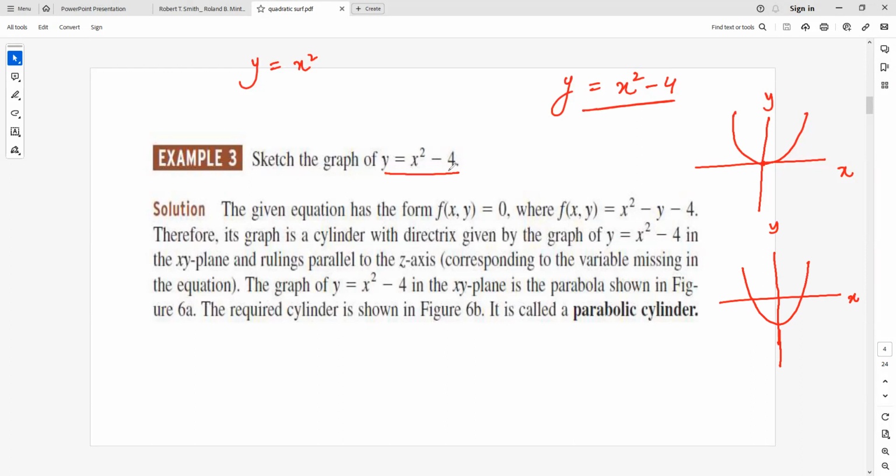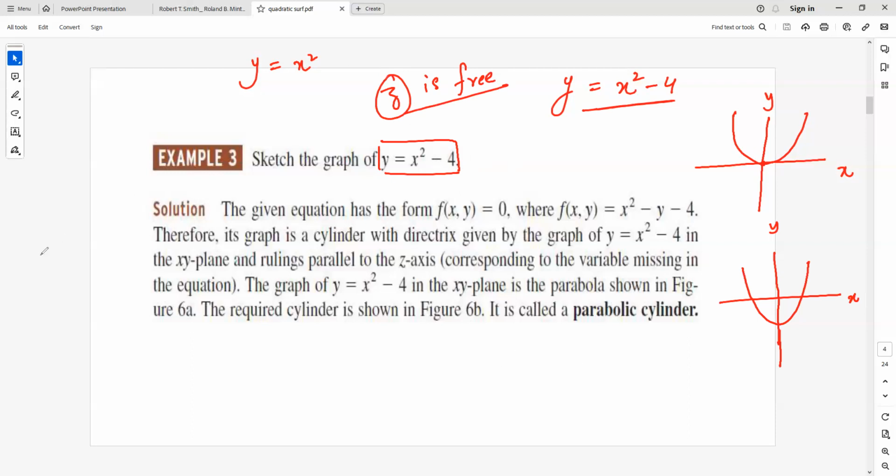But we know that we have to draw this in a three-dimensional system. So the equation is of a parabola in the xy coordinate system. So we can say that the z dimension is free, right? So this figure will be extended in the z dimension.